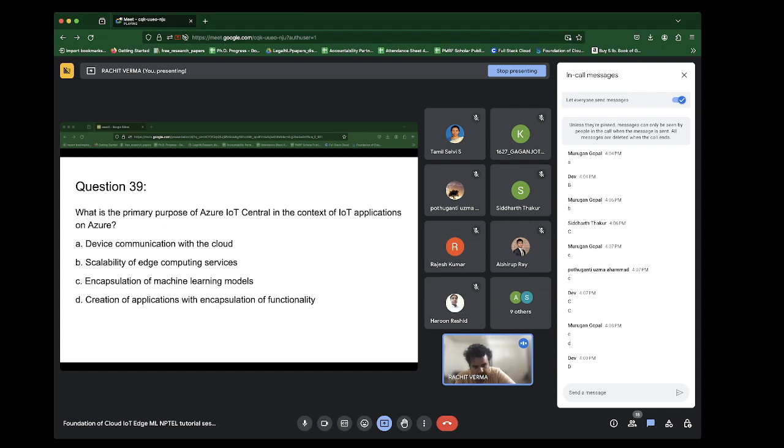Any other options? Are there any other responses? Okay, fine. So yes, D is the correct answer over here. Azure IoT Central allows you to create applications while keeping the functionality encapsulated.